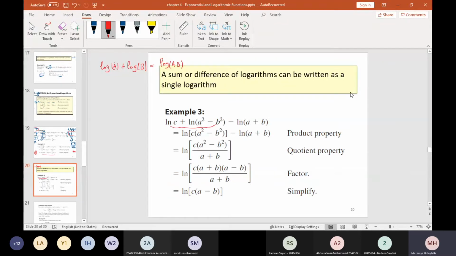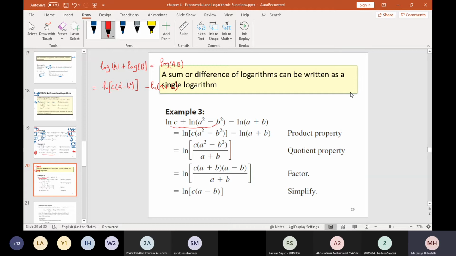This one is going to be equal to ln of C multiplied by A square minus B square, using that rule. And then minus ln A plus B.